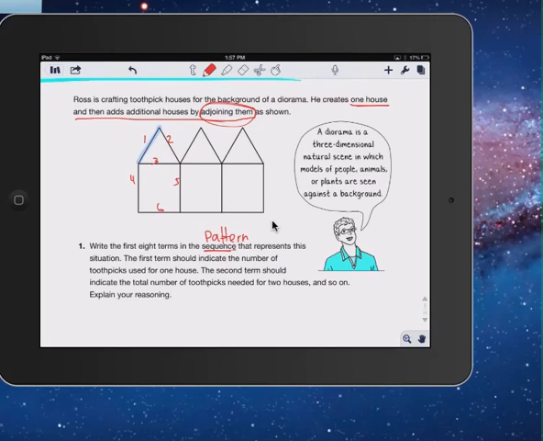Tell each other how many terms they want you to have. Jillian, how many terms? Where do you see that word? Pick it up. Underline what they want.